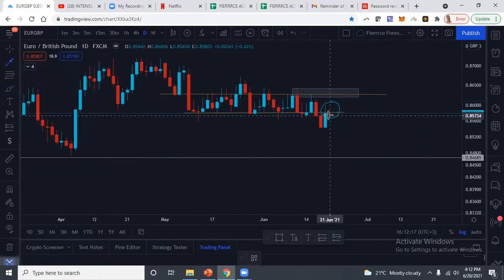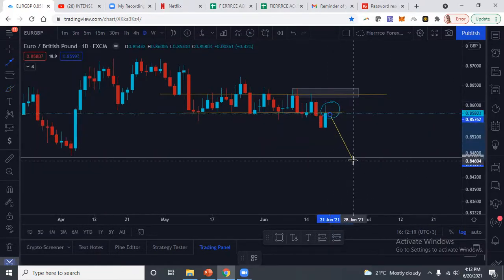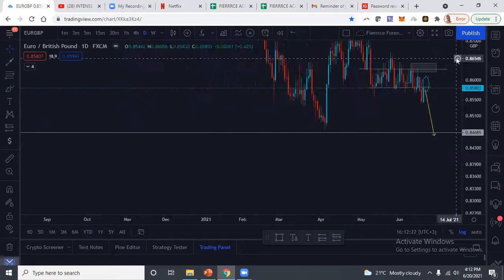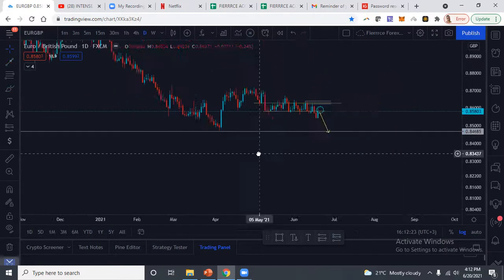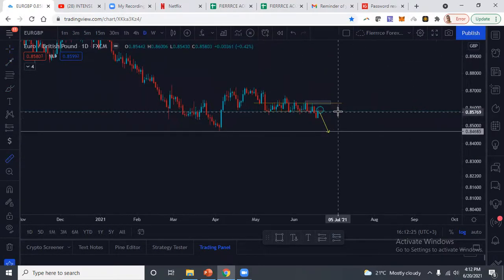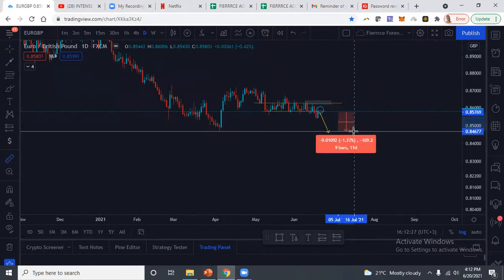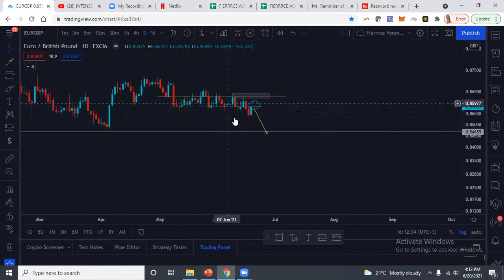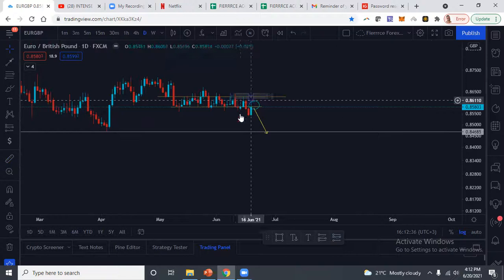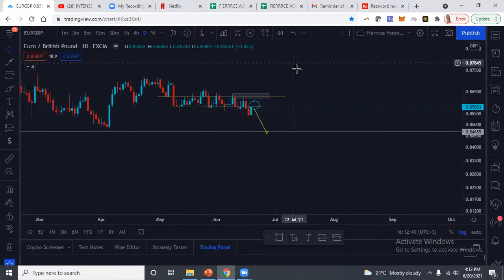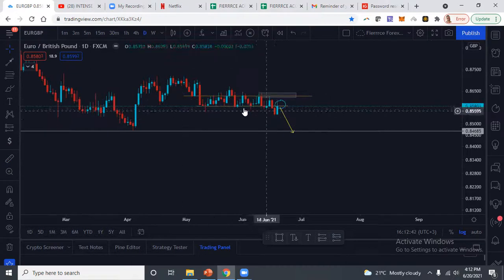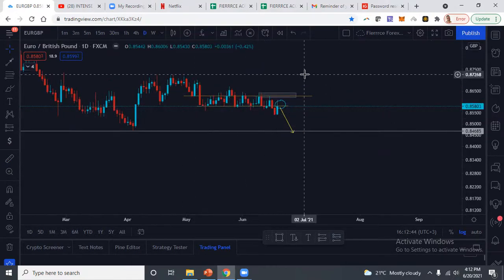This is a sign that we are probably still headed to this level of structure. Once it gets there, I'd probably have a clearer picture, about 100 pips. So we may see a continuation to the downside. But then again, we have an interesting setup here. This could also be a rejection to the upside, because when it broke these previous lows, it may push up.